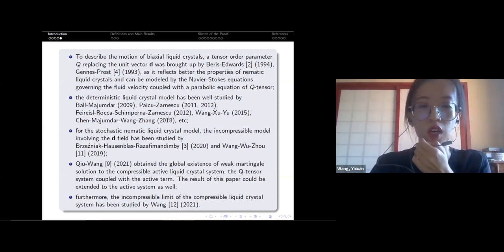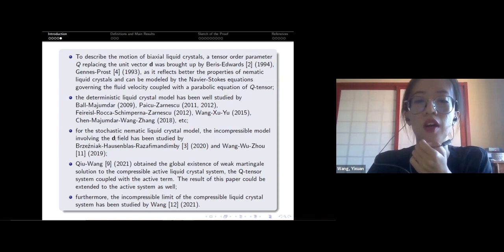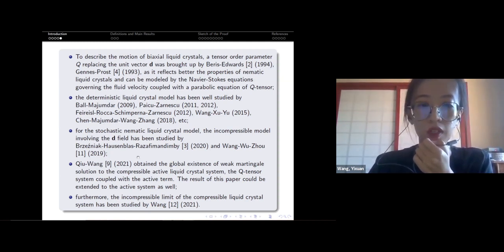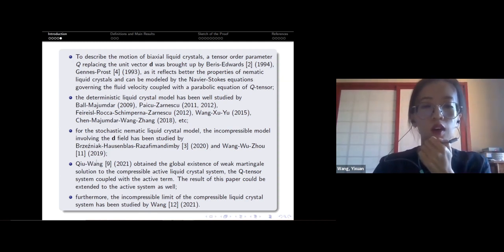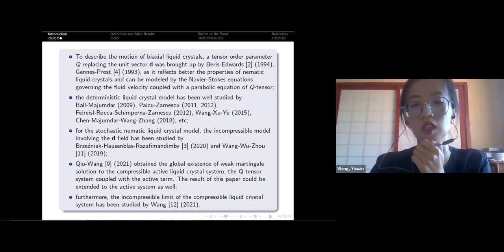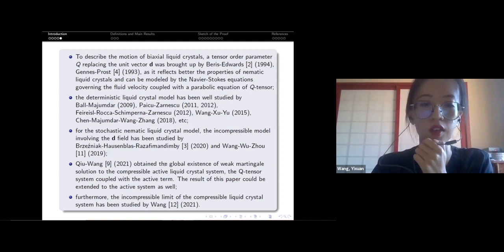There are also some results for the stochastic nematic liquid crystal model, mainly the incompressible model involving the unit vector d, as I have mentioned. You can see the results in these two papers. Also, Xiu and I have obtained the global existence of weak martingale solutions to the compressible active liquid crystal system.